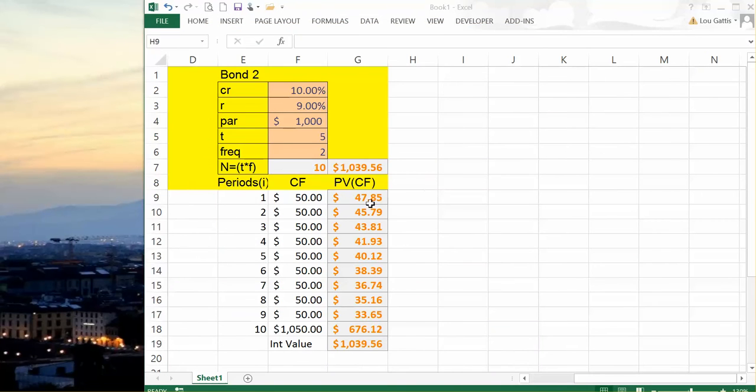I'm going to create a column here called i times the present value of i divided by the value of the bond. So in period 1, in present value terms, we receive 4.7% of the value. We divide that by the total value of the bond.